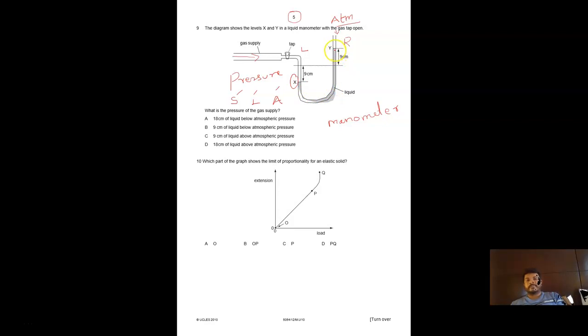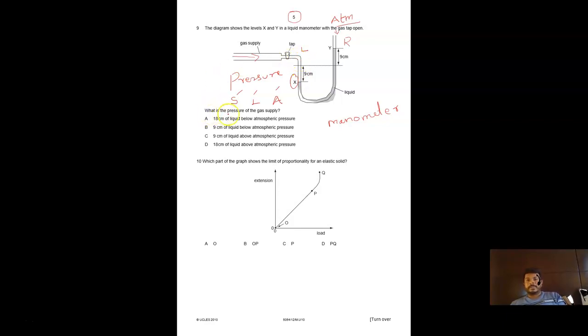If the atmospheric pressure were more, this liquid surface would be pushed more than by the gas pressure. So the other way around, this Y surface would be below the neutral line, the equilibrium line, and this liquid would be above the equilibrium line, right?